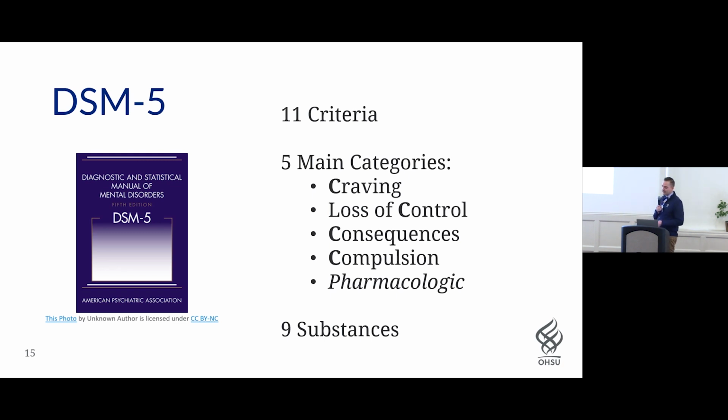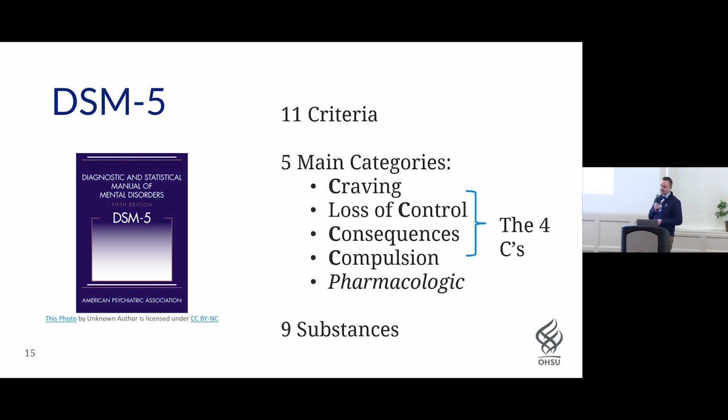So if you can remember 4 C's: craving, control, consequences, and compulsion, then you're probably going to be able to at least diagnose a mild substance use disorder, right? If someone has 2 of these things, then they're probably going to have 2 of the DSM-5 criteria. If they have 4 of these things, they're probably going to have at least 4 of the DSM-5 criteria, and 4 is a little bit easier to remember than 11. And then there's also pharmacologic, so withdrawal and tolerance.